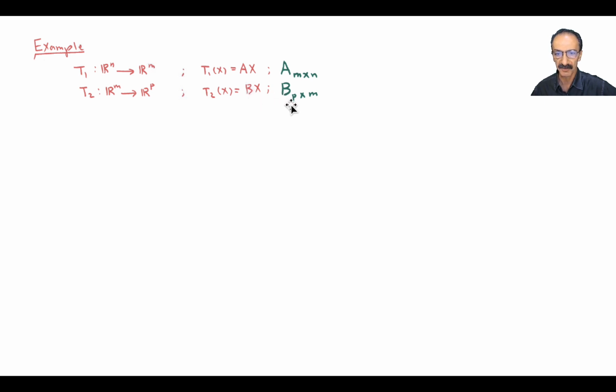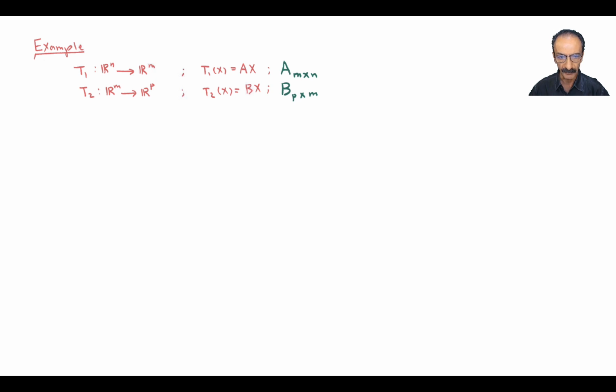B is a matrix of size p by m. Pay attention to the sizes right here, p by m. The matrix A size is m by n. Just keep in mind that it's kind of like written backwards. That should help in solving some problems, and we mentioned that in the previous section.